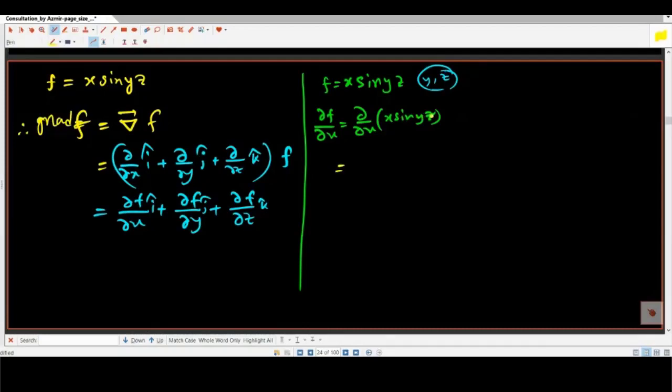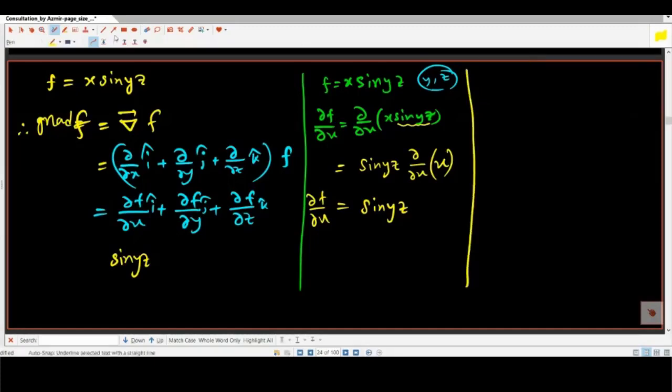Since y and z are constant, sine yz can be pulled out because this whole part is a constant. We have ∂/∂x of x, so differentiation of x in terms of x is 1. We have just sine yz, so this is ∂f/∂x. That means this part is sine yz.